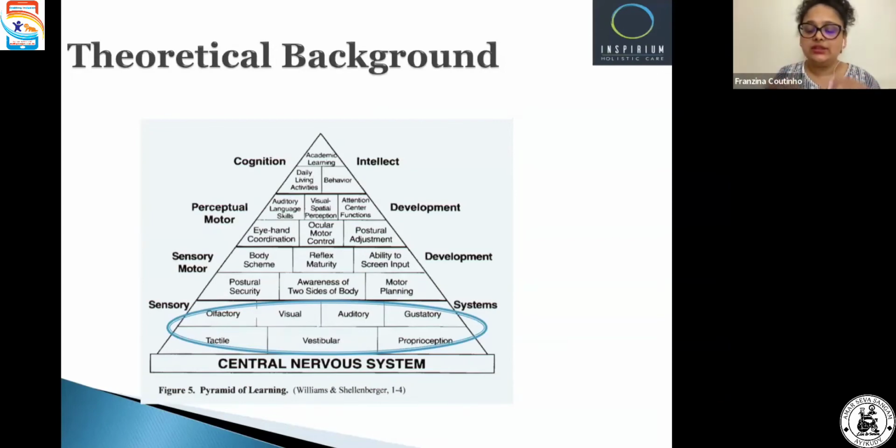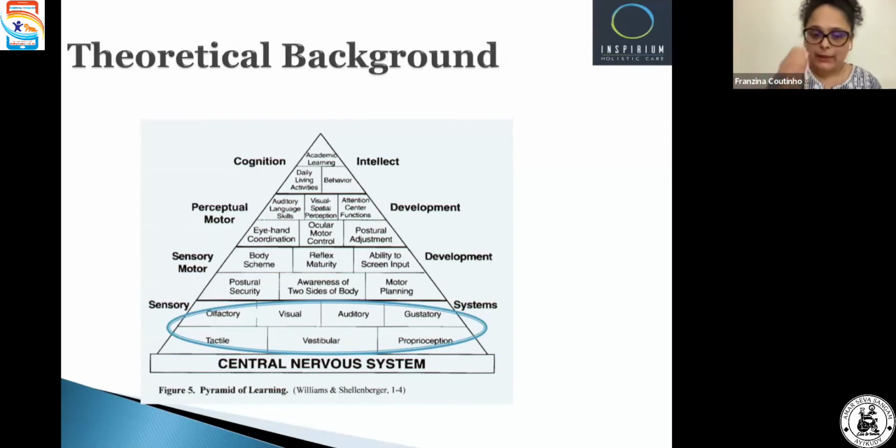They have equal place for top three. Does that make sense? And then you have the other sensory systems that build up on top of it. Once your sensory systems have developed, the sensory motor components come into play, which would be postural security, awareness of the two sides of the body, motor planning, and ability to screen input.